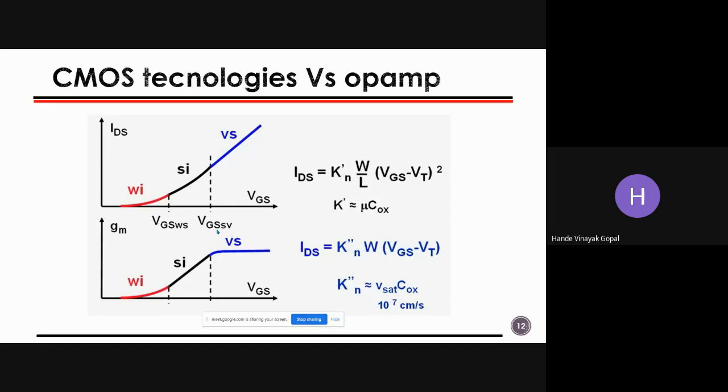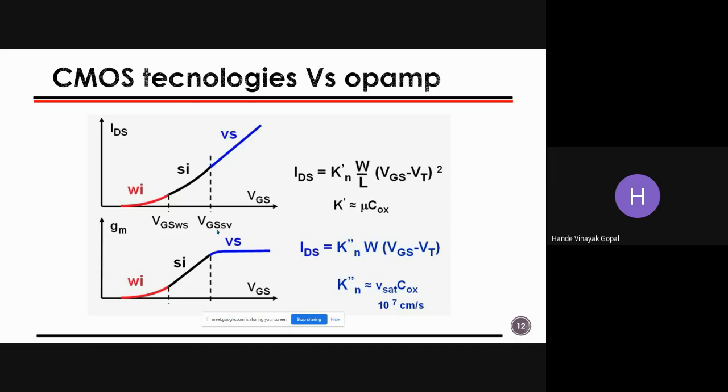And if you see the bottom graph, it creates a concern for a designer because gm, particularly in the blue region, is constant. What it means is that if I want to increase the gm of a transistor, even though I increase my gate source voltage VGS, I'll get a constant gm.